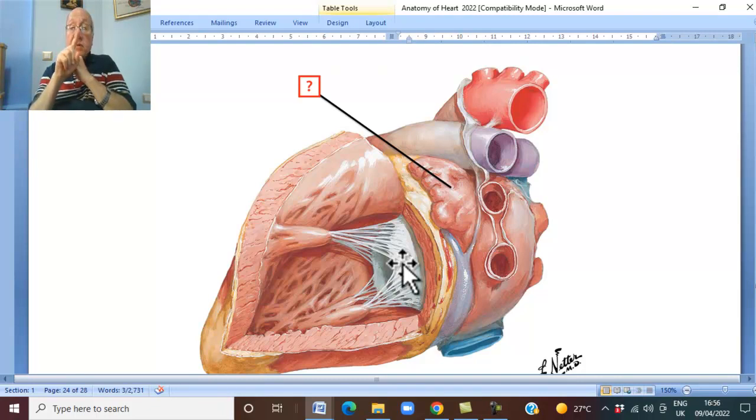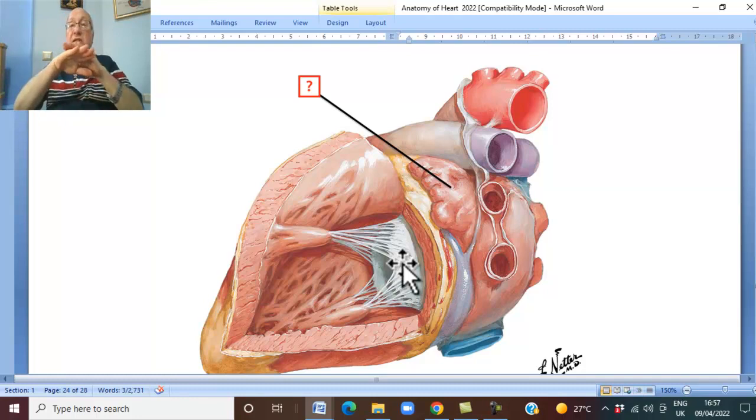The anterior cusp has two smooth surfaces. Both surfaces of the anterior cusp are smooth. The ventricular surface is smooth, with no chordae tendineae below. Why is the inferior surface smooth? In the anterior cusp, the chordae tendineae are attached to the free border only. No attachment of chordae tendineae on the ventricular surface of the anterior cusp.